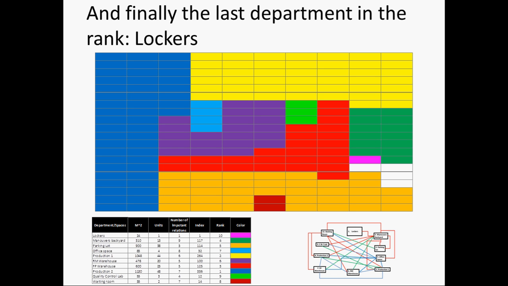The part that I'm not showing here is a very important one, that is the percentage of complying of this layout. I didn't show it, but this layout has 83% compliance with the relations. And it's very important to tell that, because it tells us if we have a good or bad layout.